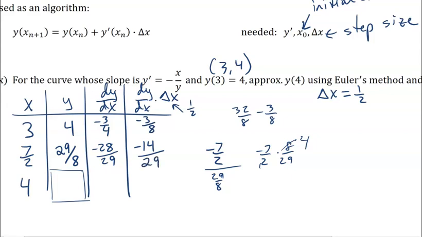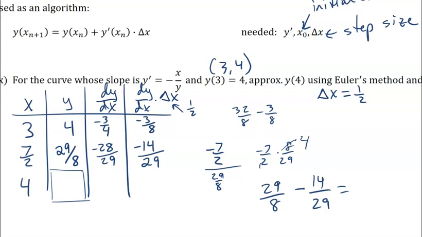Okay, so lastly, I need to take negative 14 over 29, add it to 29 over 8 to get the new value. You will not have to do this kind of arithmetic by hand on any kind of assessment or anything. This is one that I may have just made up without checking to see if it works well or not.